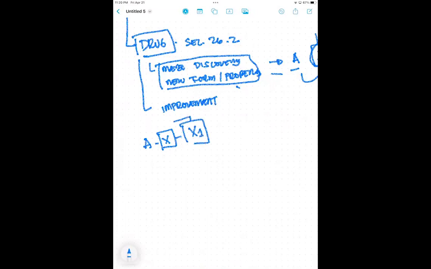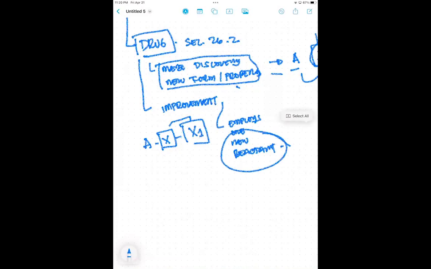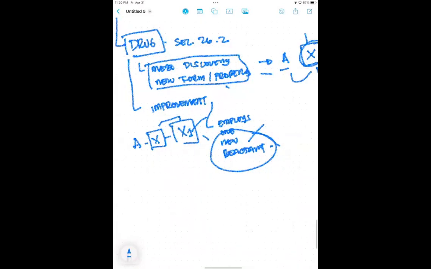And this is an improvement of X, and this improvement employs at least one new reactant. So, to simplify, may kakaibang reactant doon sa improved medicine na yan, then this is capable of being given another patent as long as this improvement employs a new reactant.